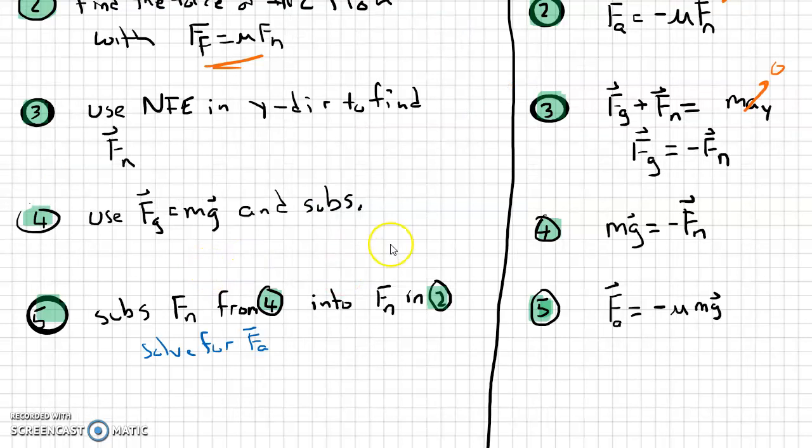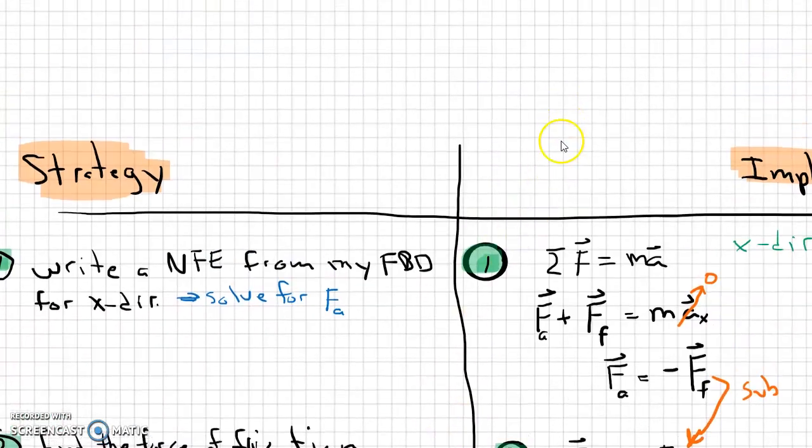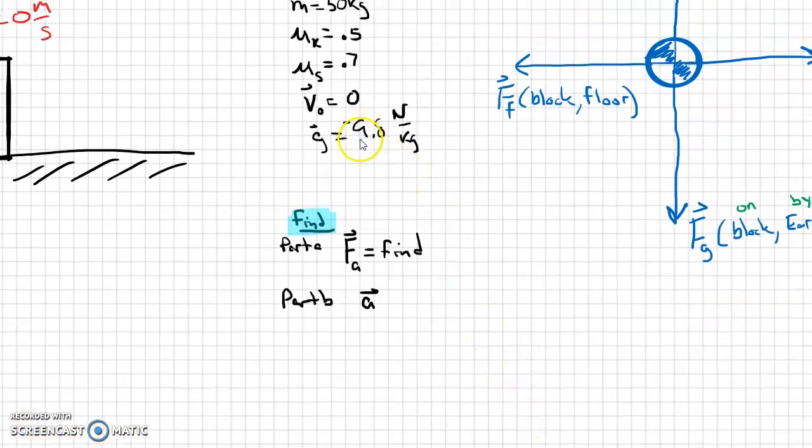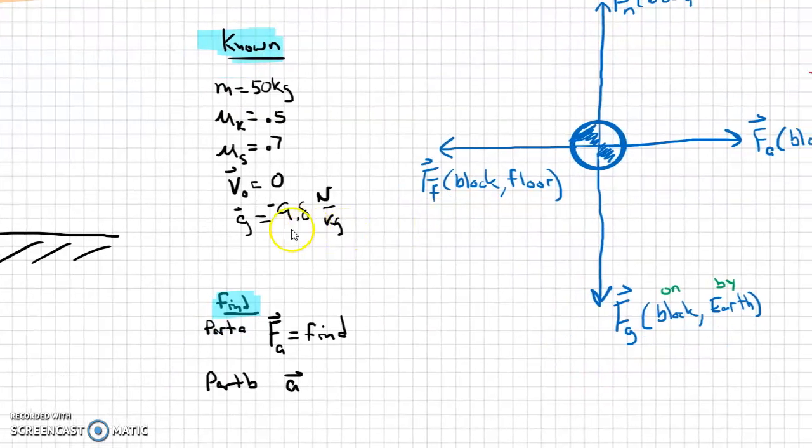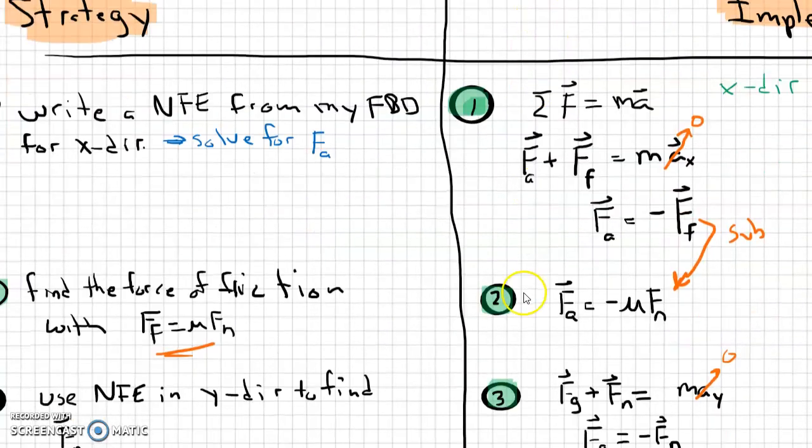All right, so since we are going to need to calculate the force of gravity, that's calculated by taking mass times the gravitational force per unit mass. And of course, that is, in our case, the negative, because up is positive, so this would be a negative 9.8 newtons per kilogram, force per unit mass.